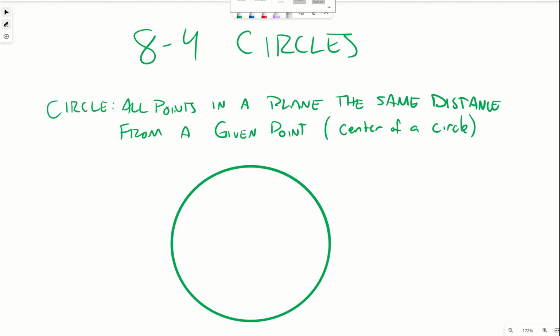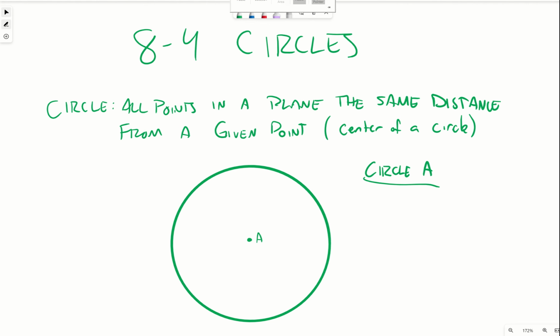Now, this circle is named by its center. If I have my center point here, and I call this A, we would call this circle A. So it's named by whatever the center of the circle is. But within a circle, there are other aspects that we need to know about.